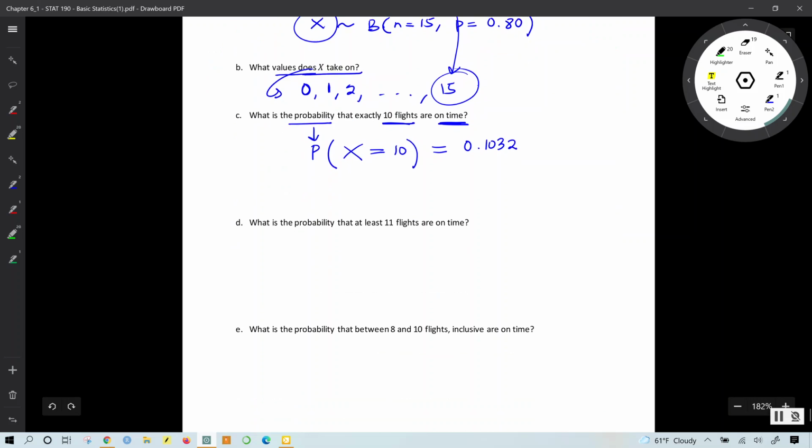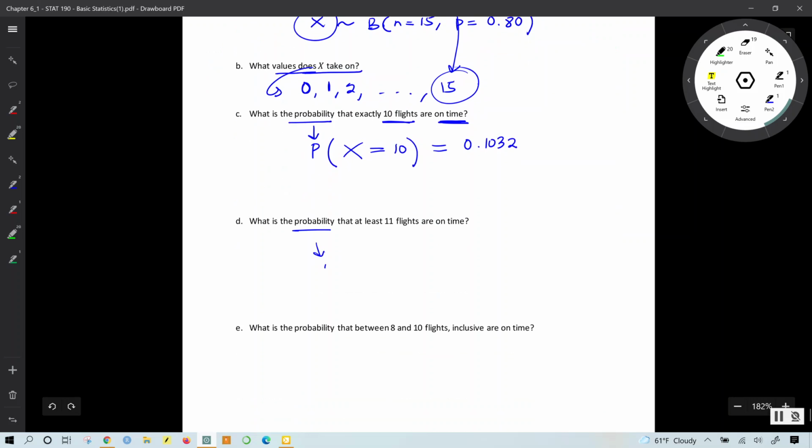So we have 0.1032. Then the next question says, what is the probability that at least 11 flights are on time? In other words, x, the number of flights that are on time, is at least 11. At least 11 will be equal to 11 at the very least, but it could be greater.